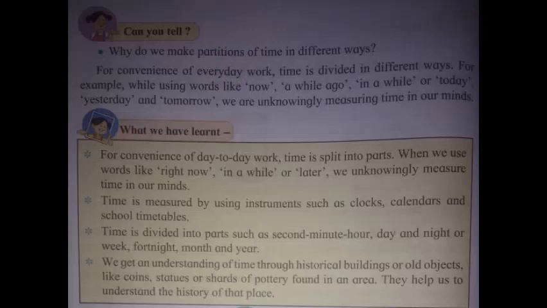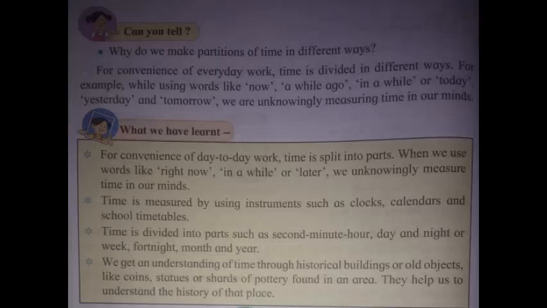For convenience of everyday work, time is divided in different ways. For example, while using words like now, a while ago, in a while, or today, yesterday, and tomorrow, we are unknowingly measuring time in our minds.